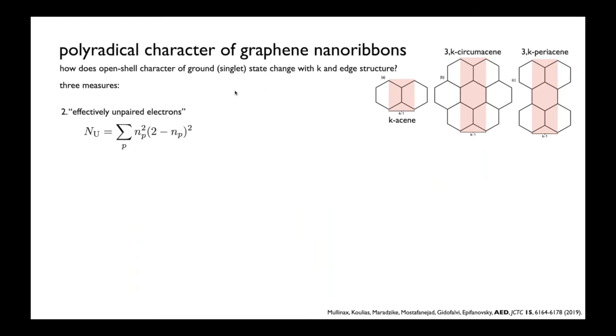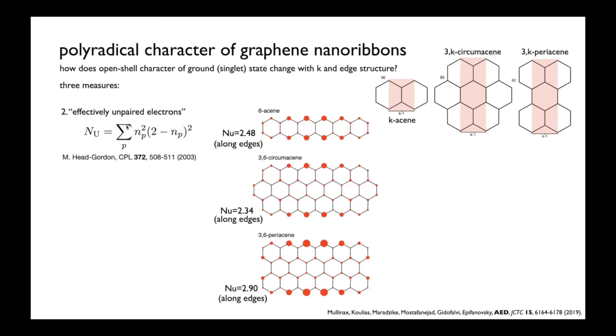Another measure you could use to assess polyradical character of these systems is something called effectively unpaired electrons, which just have this definition. It's related to the natural orbital occupation numbers. And we can see that the size of these circles reflects the number of effectively unpaired electrons at a given site.